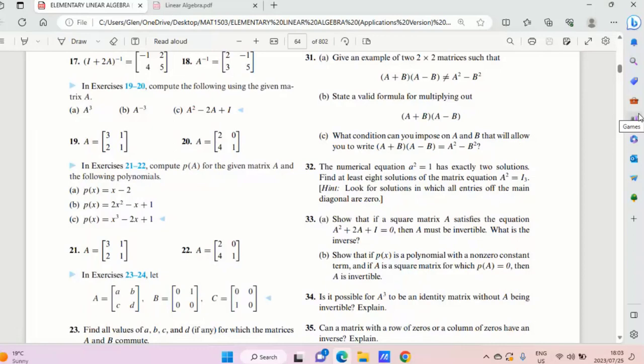Is what? 5. That's correct. That's the first entry of our final matrix. And then we've got 0 minus 0, and it's going to give us 0.